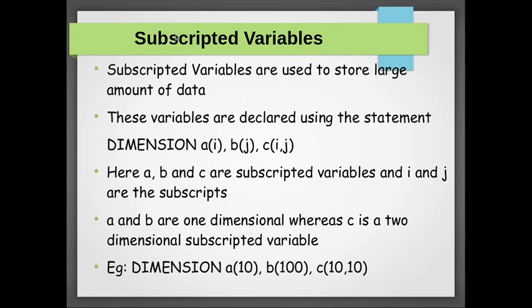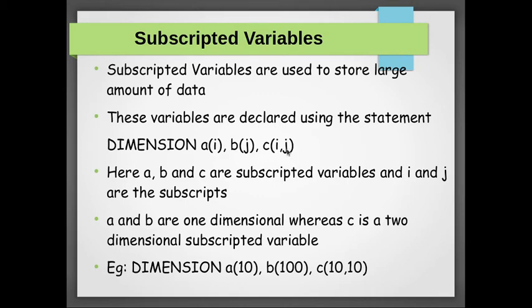We can use subscripted variables. We can have the same variable name with a subscript. So the declarative statement is something like this: DIMENSION A(I), B(I,J), where I is the subscript, and in B, I and J are the subscripts.